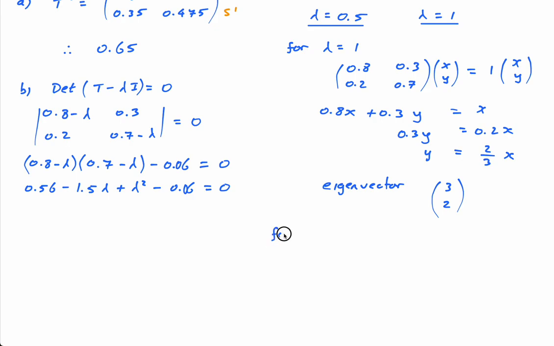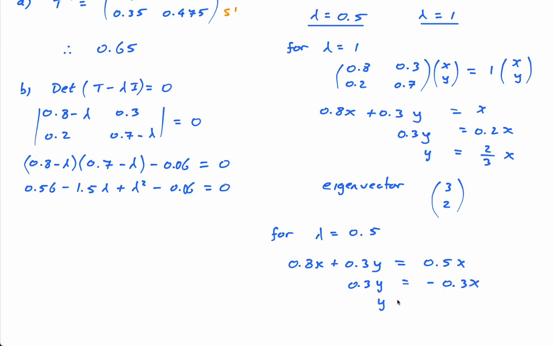Okay, for lambda equals 0.5, same thing. Well, I don't have to write this out again. I'll just do 0.8x plus 0.3y equals 0.5x. 0.3y equals minus 0.3x.